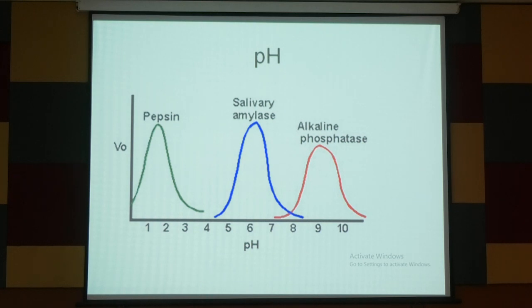Now, salivary amylase. From where is it secreted? Salivary amylase is secreted from the salivary glands. What is its optimum pH? 6.8. Is it possible to achieve that? As long as we chew the food inside our mouth.